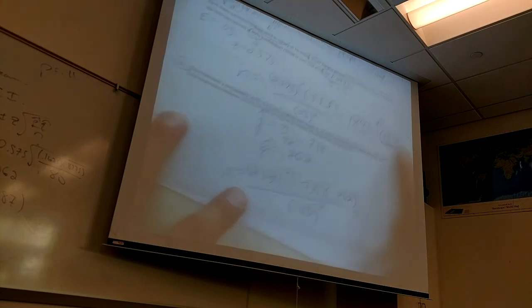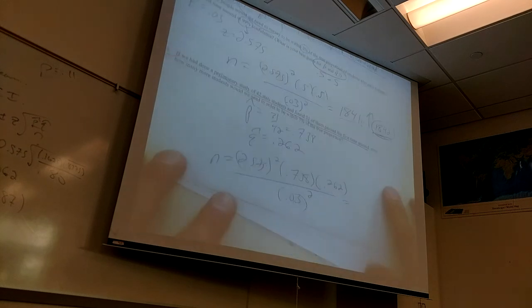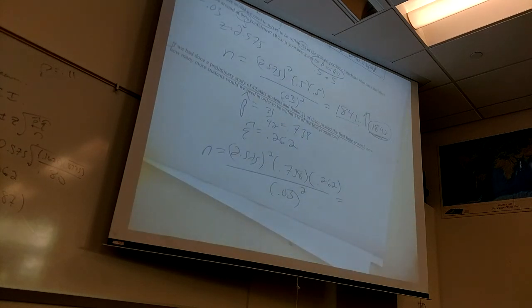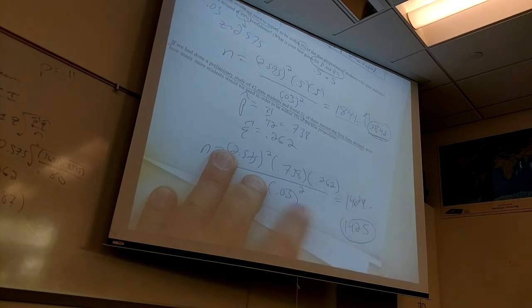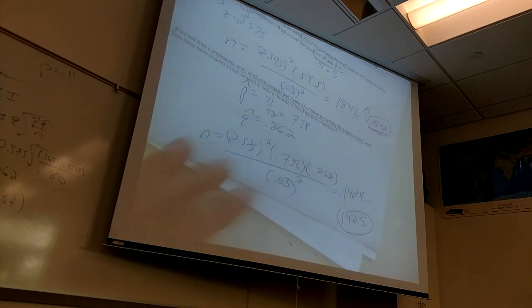And this is going to be much less than 1,842. Not a huge amount less, but a decent amount less. I get 1424 point something, 1425. It's over 400 people less that I have to talk to.